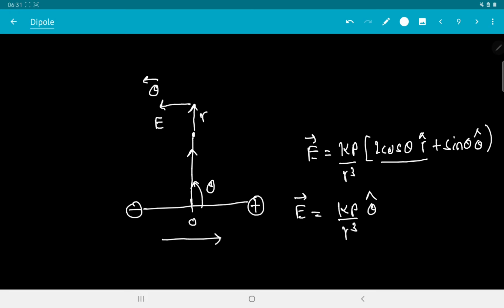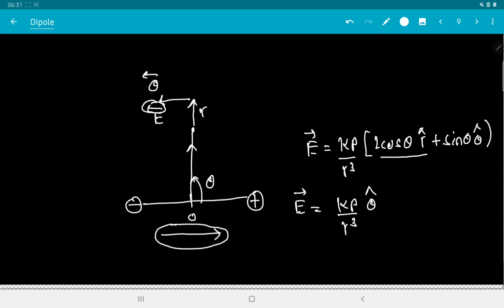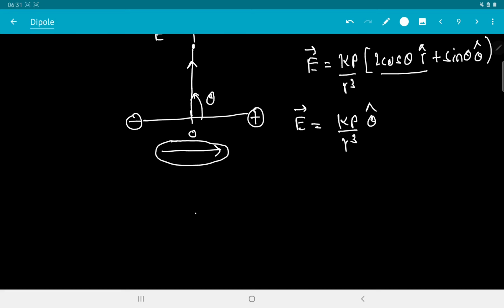That means electric field will be in this direction. As you can see, the electric field will be anti-parallel to the dipole moment. You can consider the point on this side also. So you will get again anti-parallel direction, the electric field will be in this direction. So at the perpendicular bisector, if you consider any point, the electric field will be in anti-parallel direction.